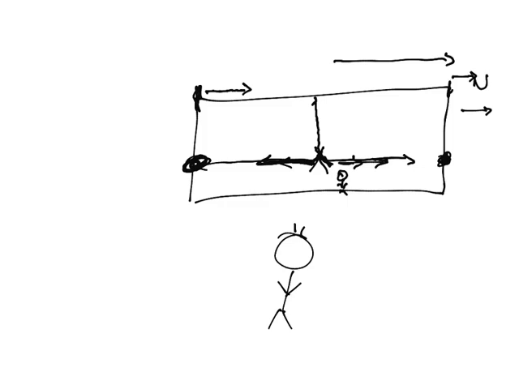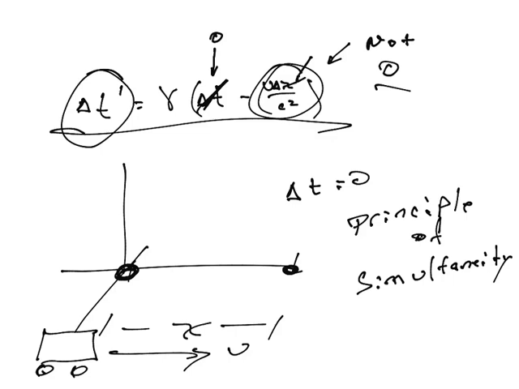That would violate causality, cause and effect. Obviously, the effect always has to come after the cause. What would be weird would be if, for instance, you find the difference in time between the two events to be positive, and I find it to be negative. That means one thing happened first, second thing happened second for you, but for me, the second thing happened first, and the first thing happened second.